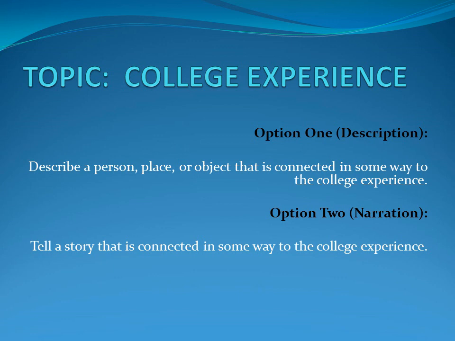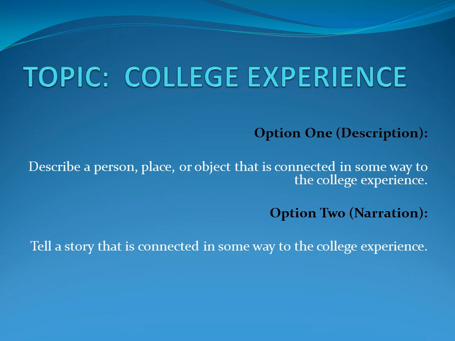So you have two options here, and I do models for this. I show you for the first essay an example. And I frequently do that in the discussions. So you're going to describe a person, a place, an object, something that's connected in some way to the college experience. It could be your computer, it could even be the car that you use to commute to college and the way it's filled up with books and things like that.